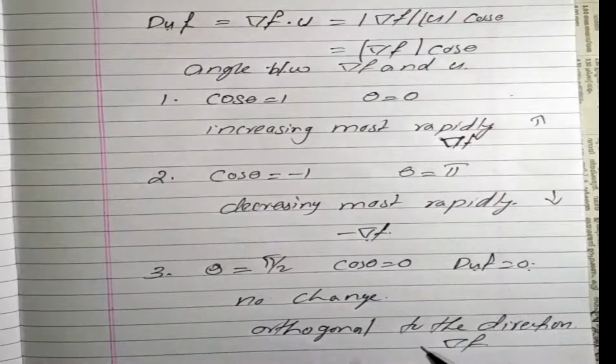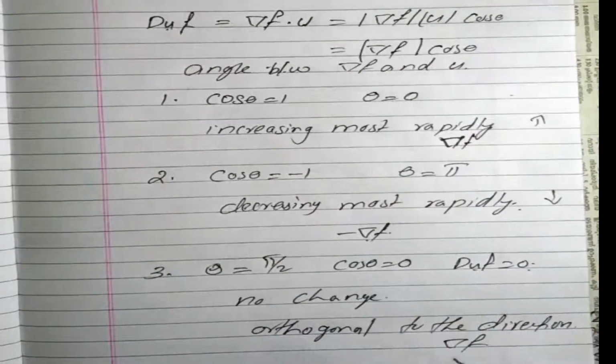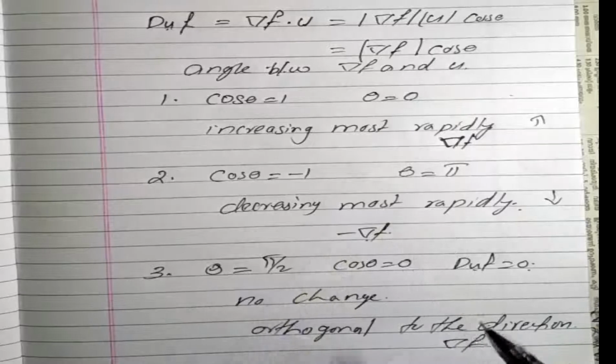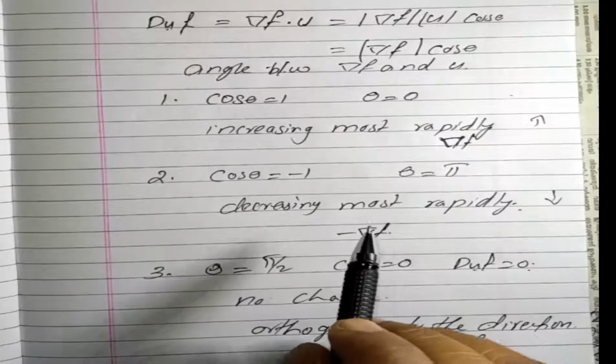These are the three properties: the first is increasing, the second is decreasing, and the third is neutral, in the direction orthogonal to the gradient f.